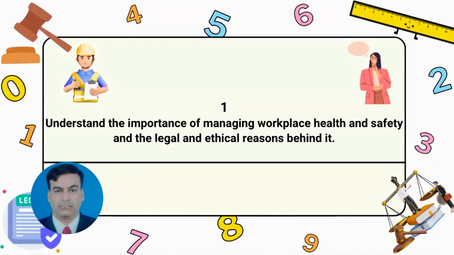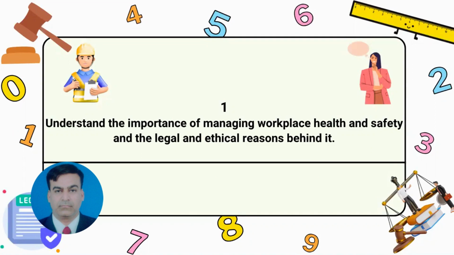Now, coming on to the first objective. It is really important to take care of health and safety at work. There are laws and ethical reasons that tell us why we should do this. Laws are rules that we have to follow, and they help keep everyone safe and healthy.